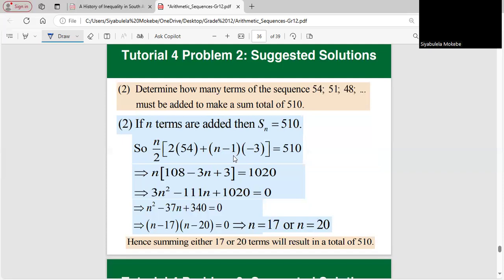You need to simplify, and after you simplify, remember again, if you get to this step and you don't know how to factorize, you can always use the quadratic formula. That should give you n equals 17 or n equals 20. Hence, summing either 17 or 20 terms will result in a total of 510.